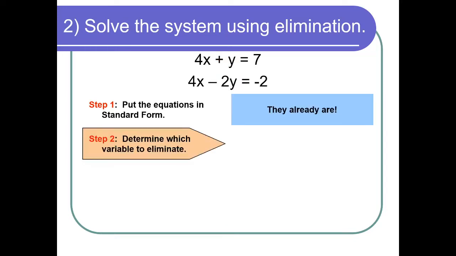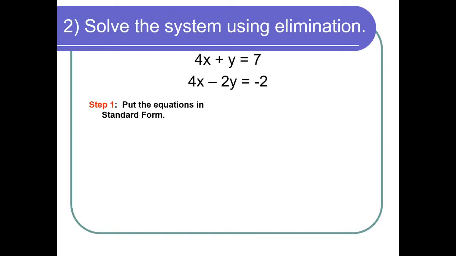4x, sorry for that. 4x plus y is equal to 7. The first equation. The second equation, it's 4x minus 2y is equal to negative 2.